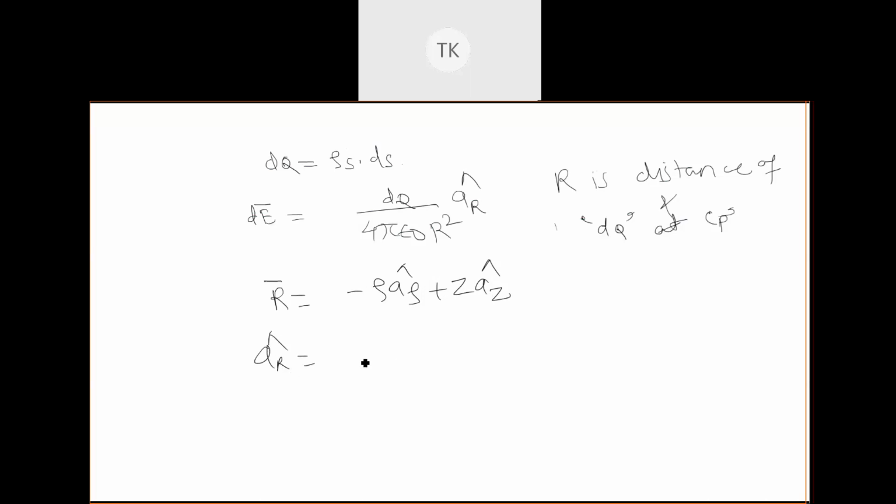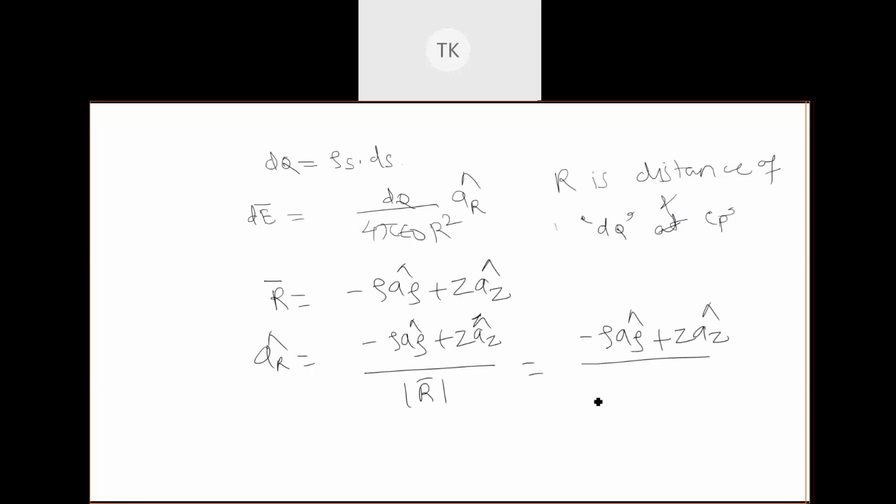It is nothing but the unit vector in the direction of r, so we calculate minus rho a rho plus z az cap divided by the magnitude of r, which is under root rho square plus z square.